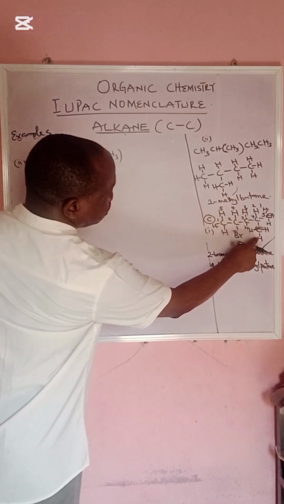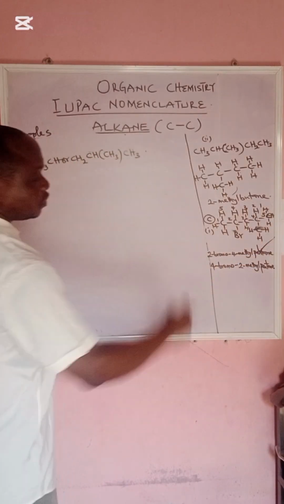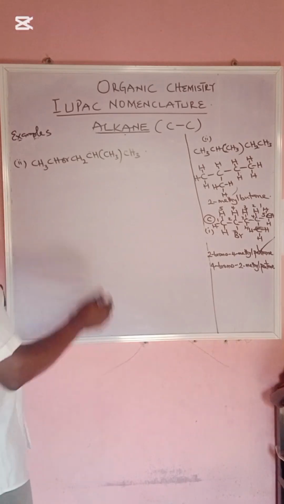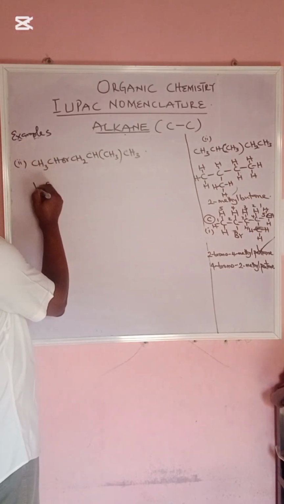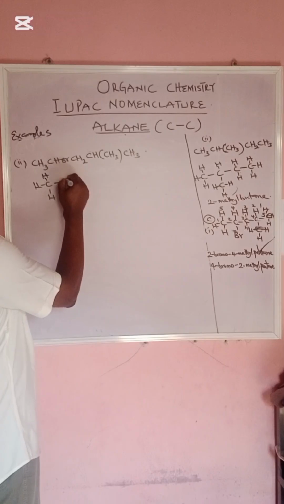You have to name this. So you start with CH3, then CH, then that bromine is down.